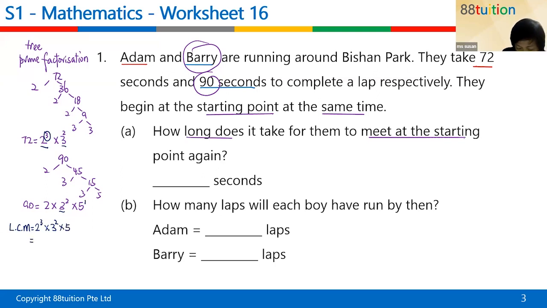So therefore, you can use a calculator for this, 8 times 9 times 5 will give you 360. So meaning to say, after 360 seconds, they will then meet. So that is asking for lowest common multiple. Then you will say, why can't it be larger than that? Yes, it can be larger, but he says to meet at the start point again. That means the first time when they complete. So my answer will be 360.